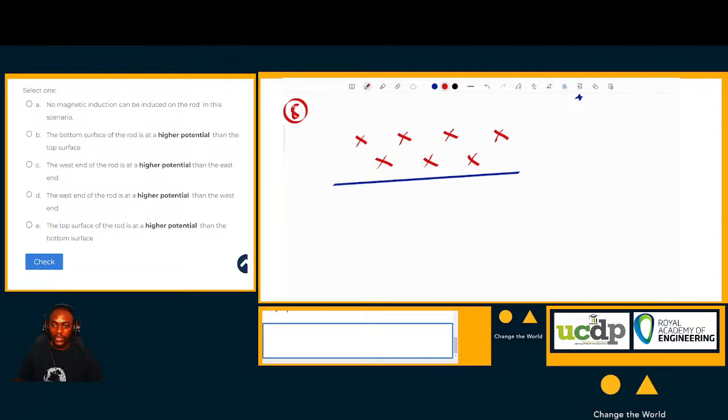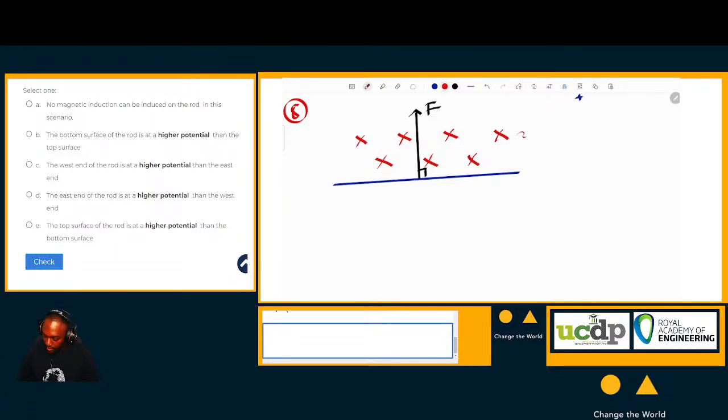To know that, we first have to identify the direction of flow of current. So we've got our F in that direction, which is perpendicular to the magnetic field, which means that conductor is going to cut across the magnetic field.